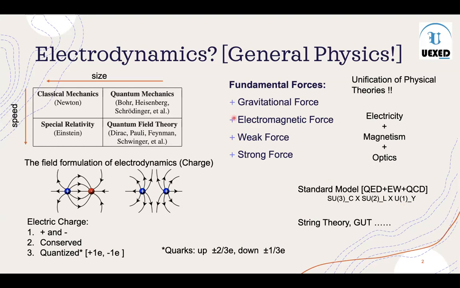What we want to study here is electrodynamics, but when we talk about the fundamental theory from quantum field theory, you can say QED, and this is the very first theory which comes in a quantized form, which explains charge mediation.